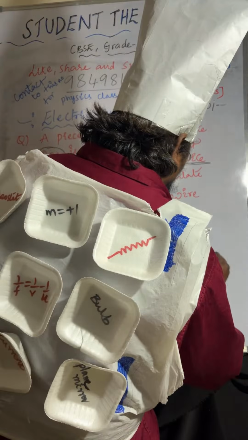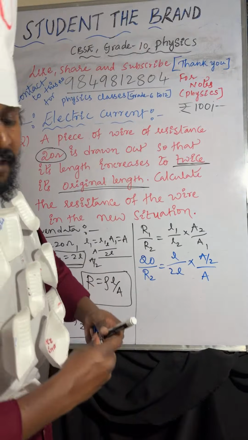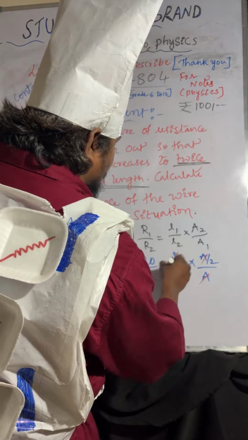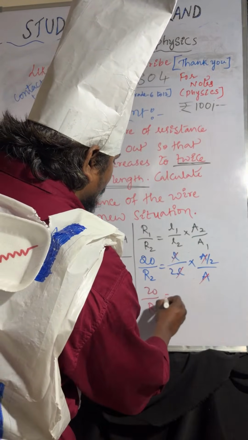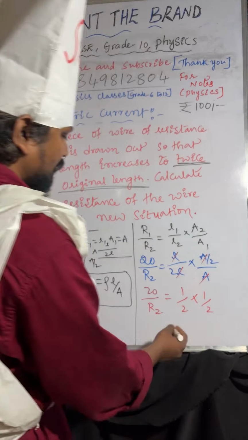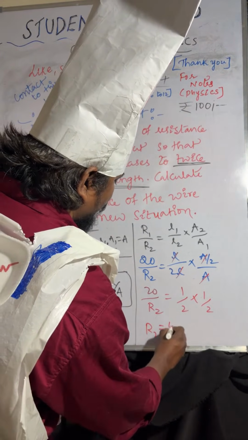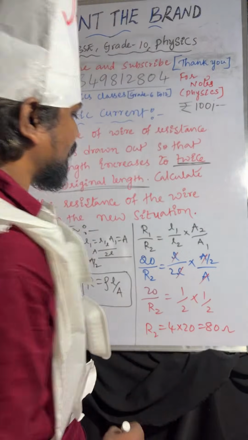And original A is A. So A gets cancelled, L gets cancelled. Then 20 by R2 equal to 1 by 2 into 1 by 2, so 1 by 4. If you cross multiply, R2 equal to 4 into 20, that is 80 ohm. The answer is 80 ohm.